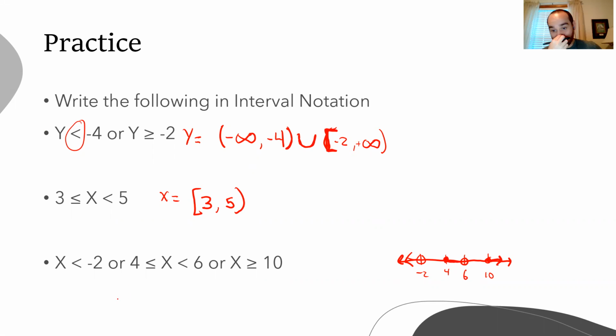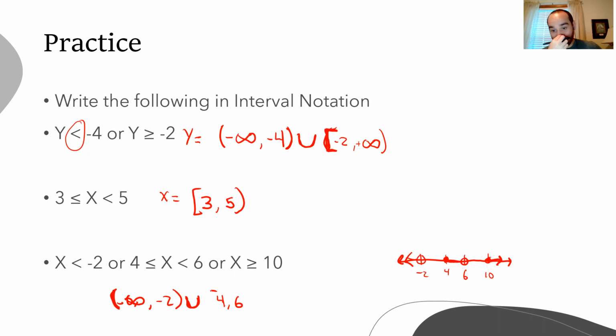So to start, x goes all the way to negative infinity. It's going to be a normal parenthesis, comma, goes up to negative 2. Negative 2 is not included, so we would use another parenthesis. Got our little union symbol right here. And then we've got 4 to 6 for our middle set.